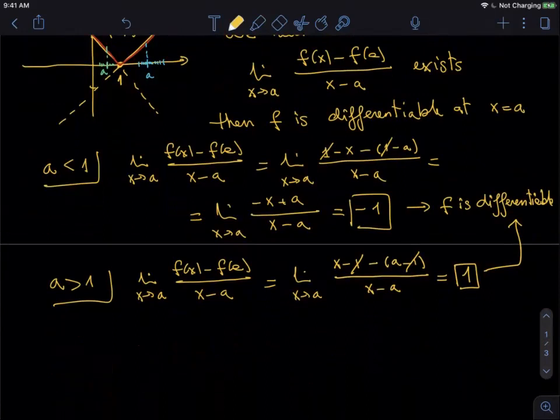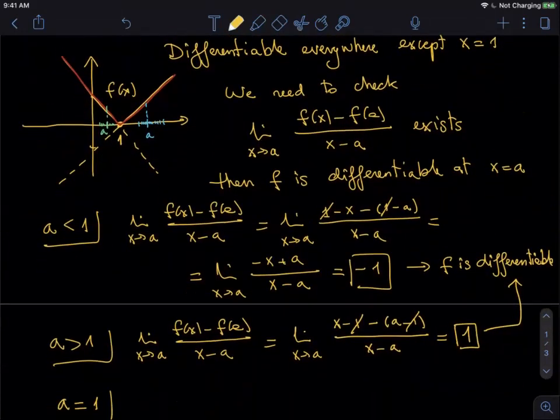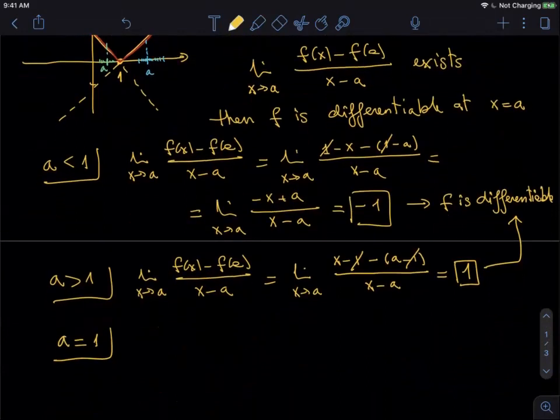So there is one more value that we need to check. A equals 1, but this one is the one that is going to be problematic. So let's check if the limit works. To see if the limit works, we need to take the lateral limits, right? If both of them are equal, then we can say that the limit exists.